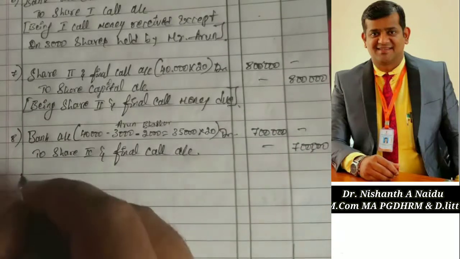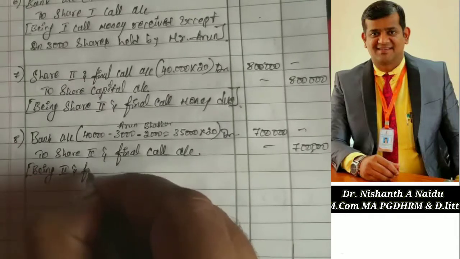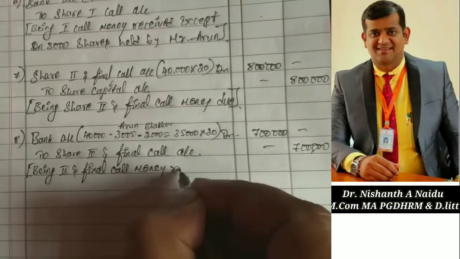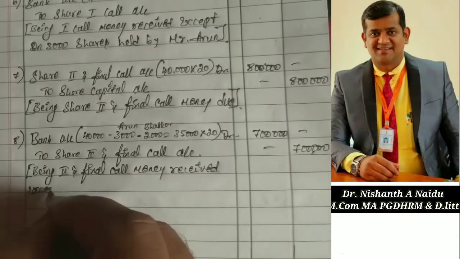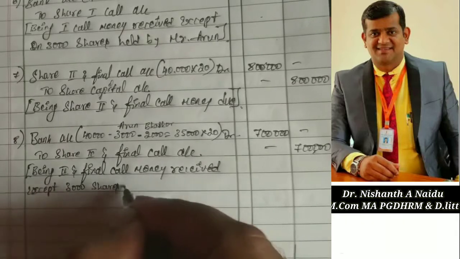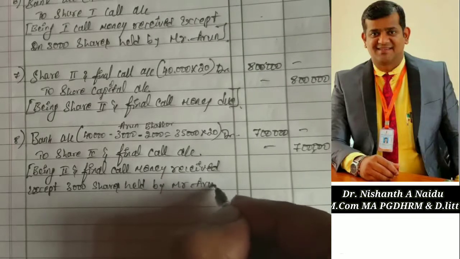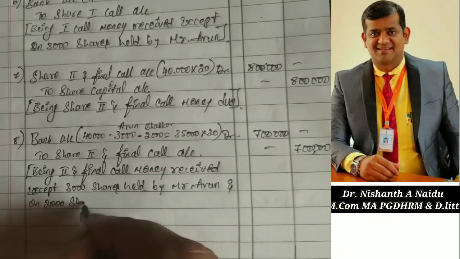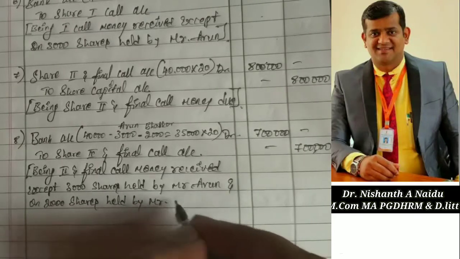Okay, so now write the narration, being second and final call money received except on 3,000 shares held by Mr. Arun and on 2,000 shares held by Mr. Bhaskar.